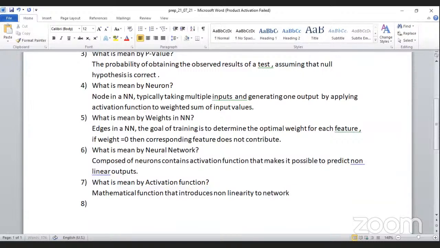That is nothing but an activation function. It is just adding non-linearity to our network. So the next question is, what is meant by optimizer?